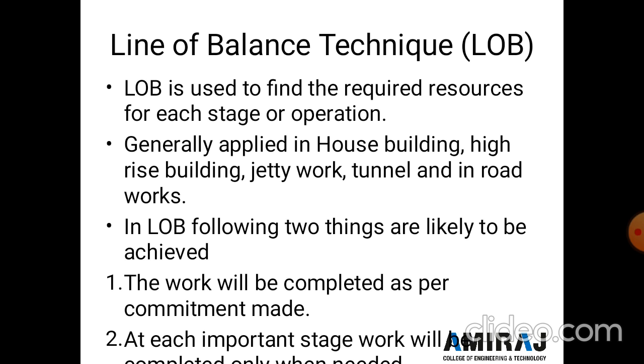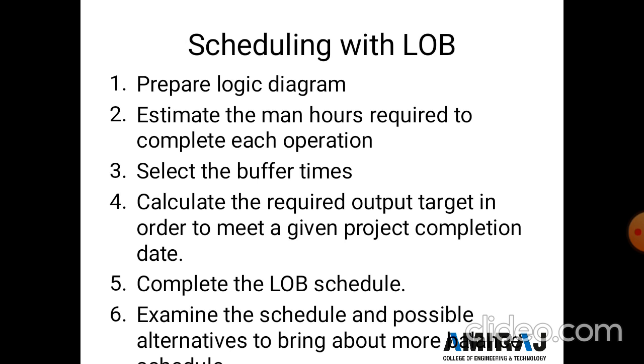The second point is scheduling with LOB. Here the steps are given. First is to prepare the logic diagram. Second is to estimate the man-hours required to complete each operation.